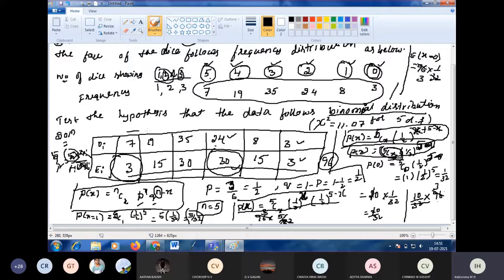If you add the observed values also, 7 plus 19 plus 35 plus 24 plus 8 plus 3, it should also be equal to 96 only.